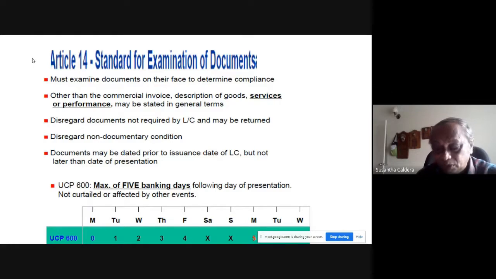But we don't know whether the issuing bank will treat it as a discrepancy. That's another issue. Or else my advice to you is to return it back to the beneficiary and ask them to send it direct to the importer by a special courier.